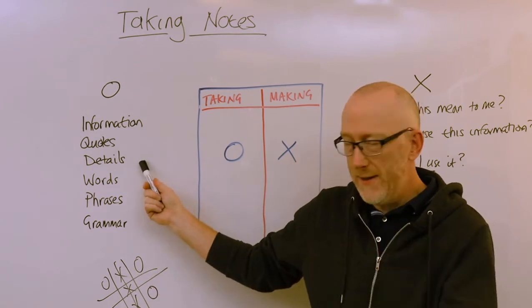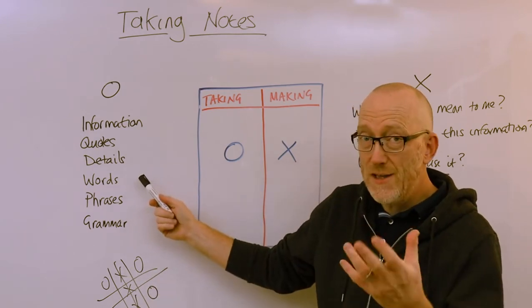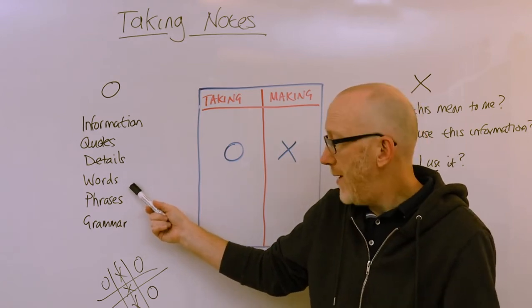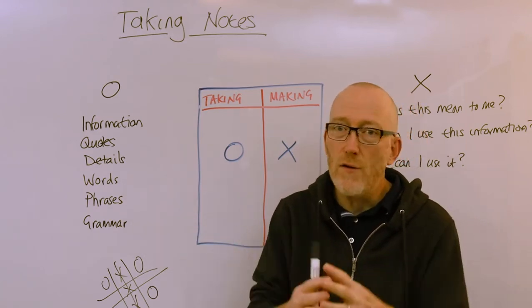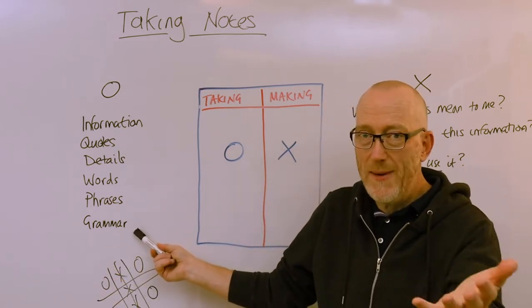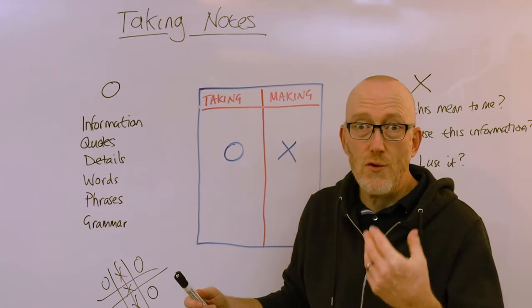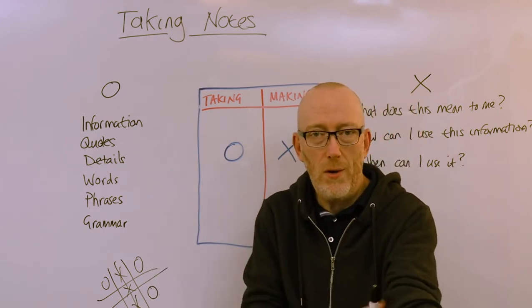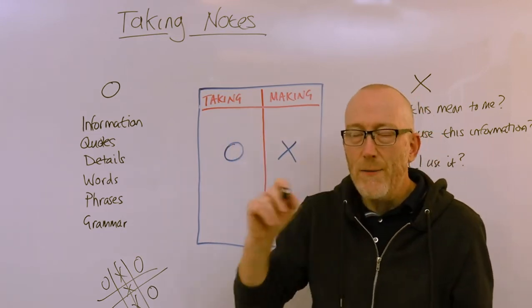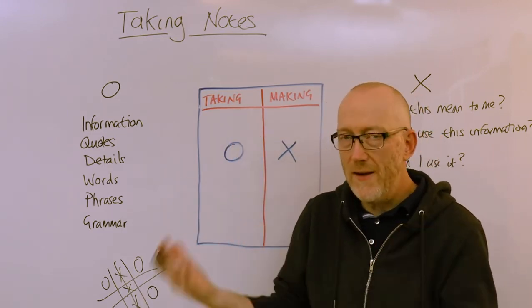It could be specific details. In terms of languages, particularly, it could just be a word, a new piece of vocabulary. It could be an entire phrase or perhaps even a sentence. Or your teacher might be introducing you to a new grammatical rule, for example. So note-taking is where you write down the information that you're hearing that someone is giving you.